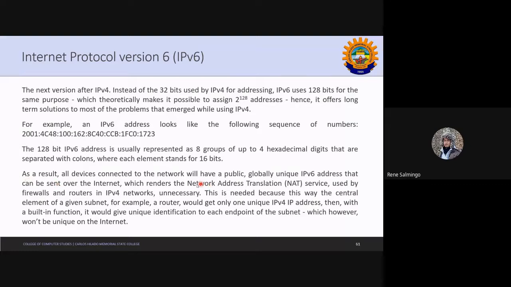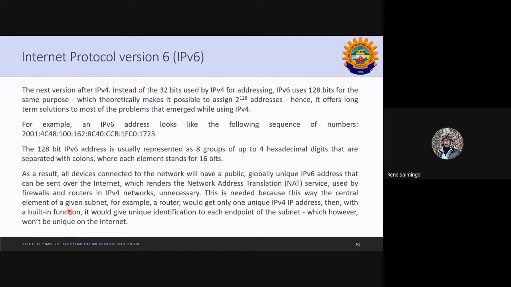As a result, devices connected to the network will have a public and globally unique IP version 6 address that can be sent over the internet, which renders the network address translation service used by firewalls and routers in IP version 4 networks unnecessary.